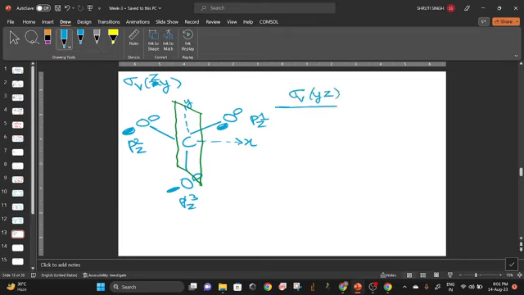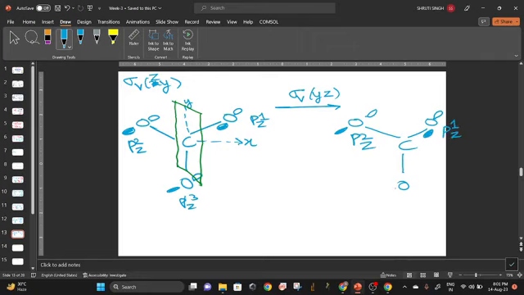After transformation, sigma v yz, what will happen? P1 and P2 will change places without change of sign, and the PZ sign will also not change. So this PZ2 will be PZ1.